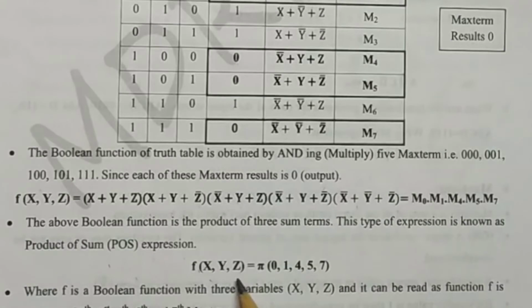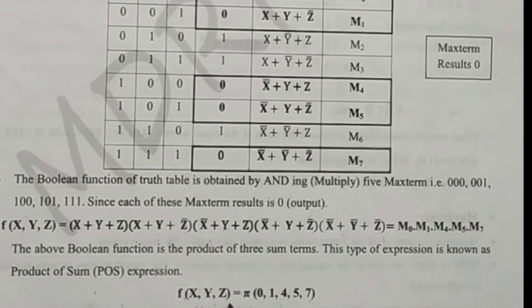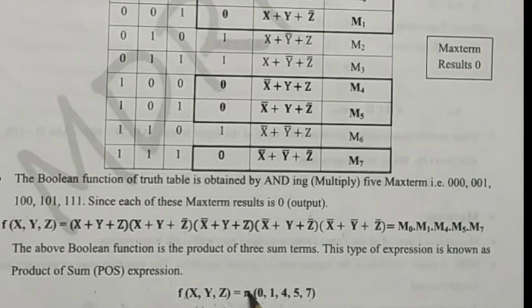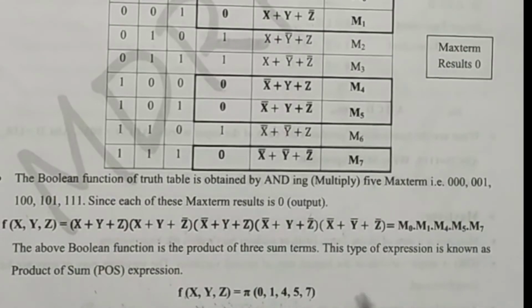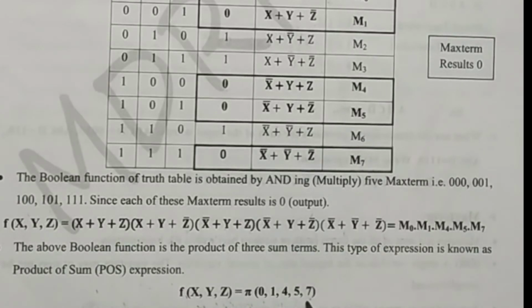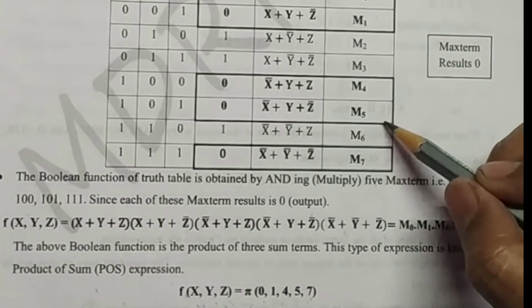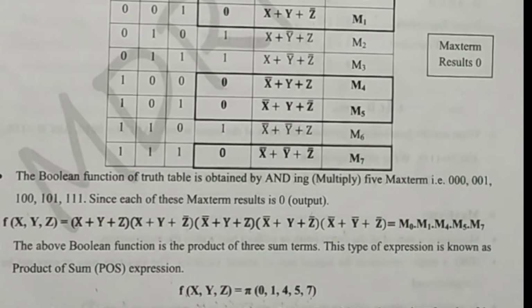We can represent it even in this way, in the decimal form. F of x, y, z is equal to product of 0, 1, 4, 5, 7, that is the 0th term, 1st term, 4th term, 5th term and the 7th term.